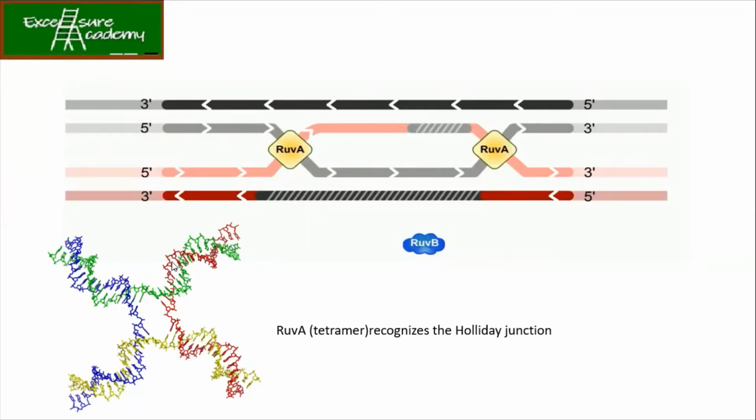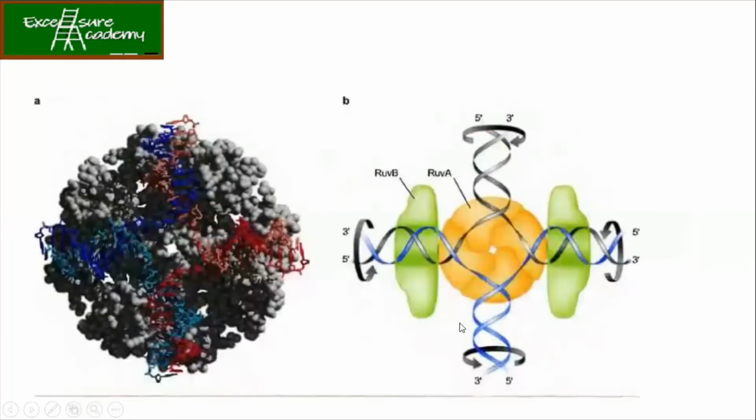RuvA, wherever it sees that the Holliday junction is there, is going to bind over there. It's a tetramer. Then RuvB is actually a hexamer. RuvB has the ATPase activity, so it will keep on moving, so that the DNA will get a space to cut.